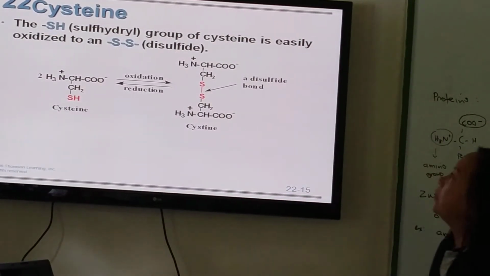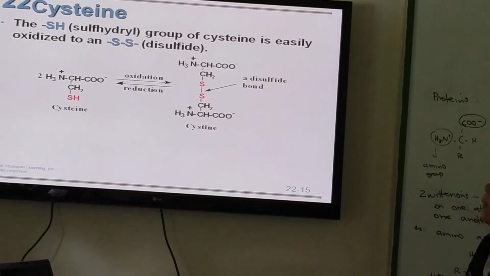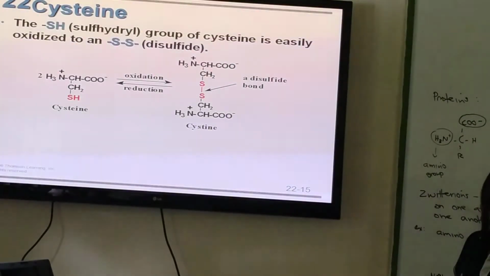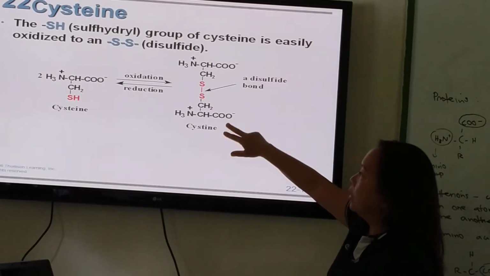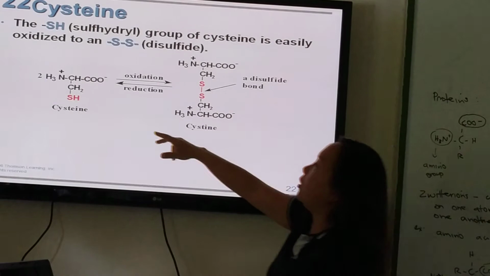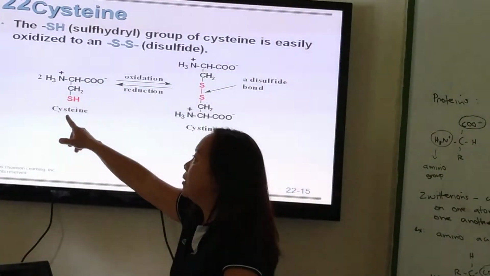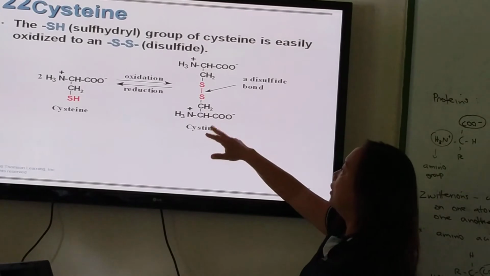Cysteine. Now, we have here SH, which is sulfhydryl. The sulfhydryl group of cysteine is easily oxidized to a disulfide. Di means two, two sulfur groups bonded together by a disulfide bond. So if there is only one sulfur present, we have cysteine.